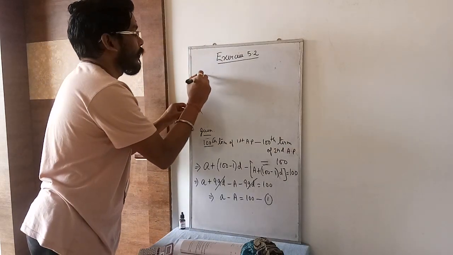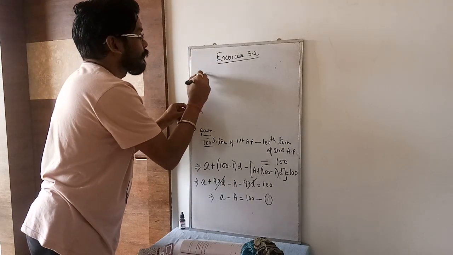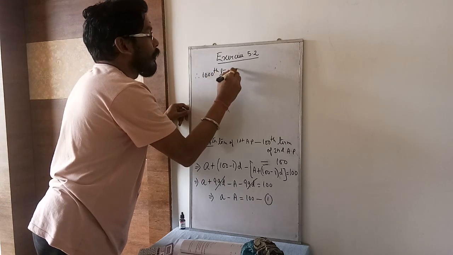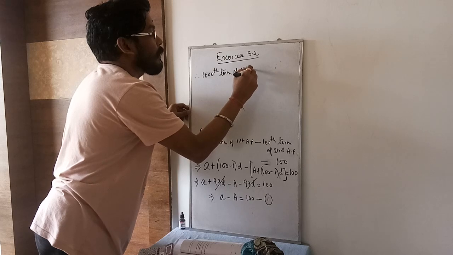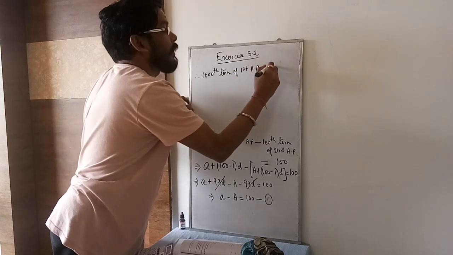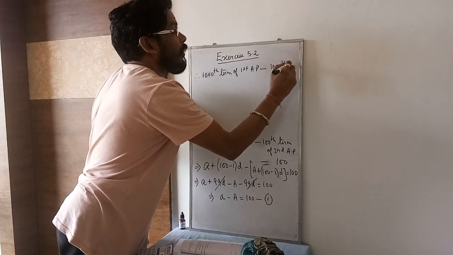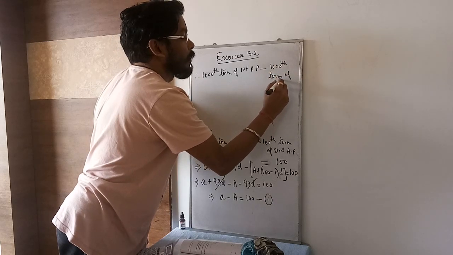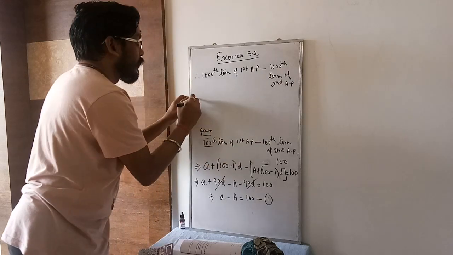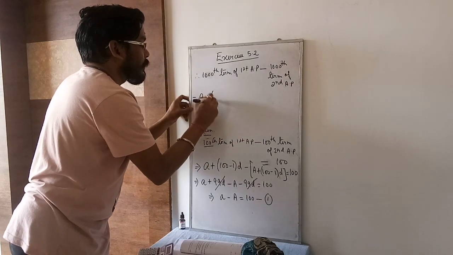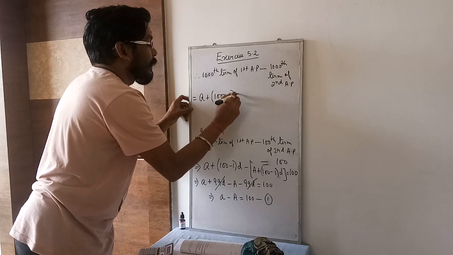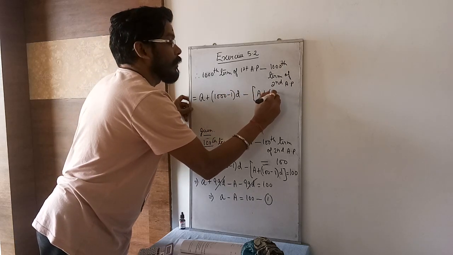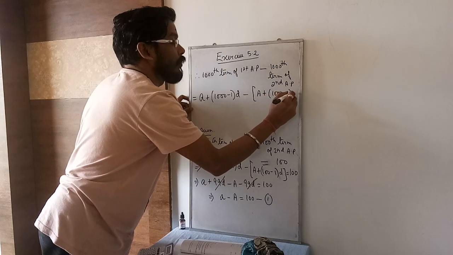So therefore, 1000th term of the first AP minus 1000th term of the second AP. The 1000th term of the first AP is a plus (1000 minus 1) into d. The second AP's 1000th term is A plus (1000 minus 1) into d.